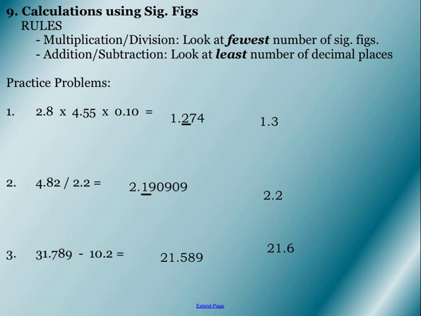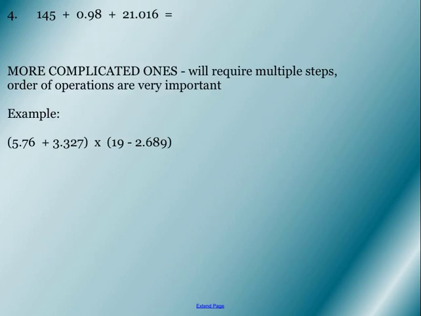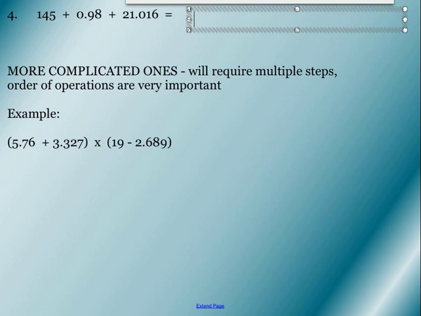With these, you have to make sure that first you do your math correctly, and second that you're aware of where you're rounding to. We'll do one more with addition, and then a slightly more complicated one. They're not very common, but I'll show you in case you have to do it. Number 4, we're adding 145 plus 0.98 plus 21.016, and I get 166.996.